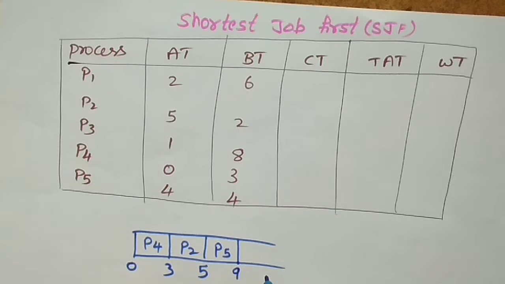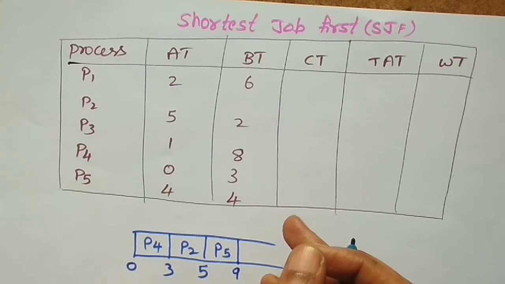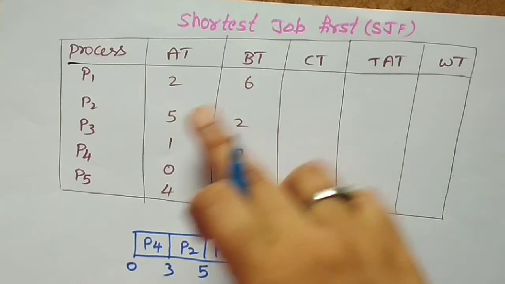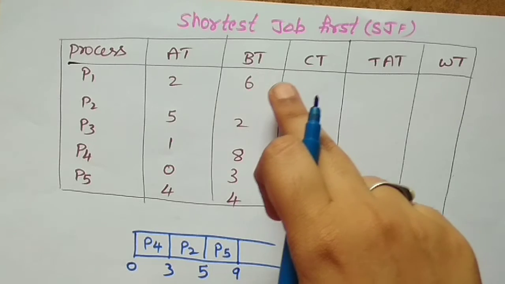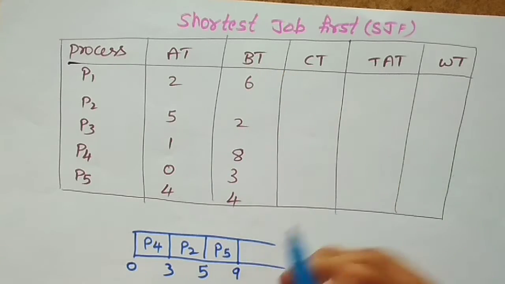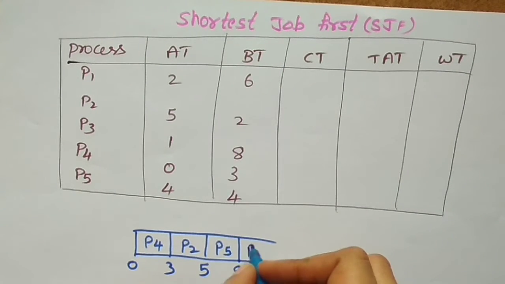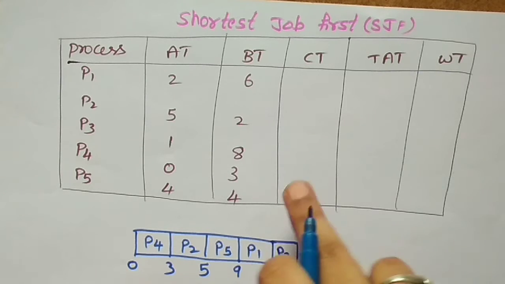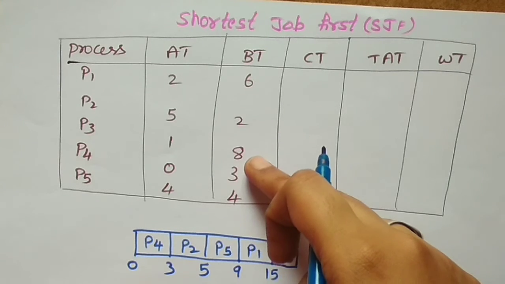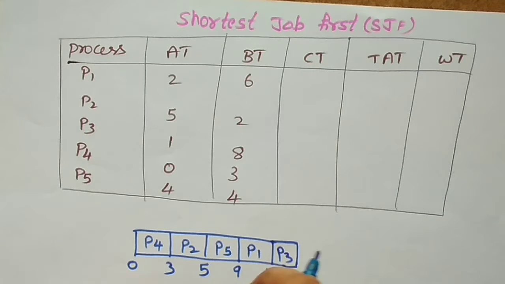What are the remaining processes here? P1 and P3. Between these two, P1 has the lesser burst time, so P1 executes and we get 15. The last one is P3, which has the highest execution time, so 15 plus 8 is 23.